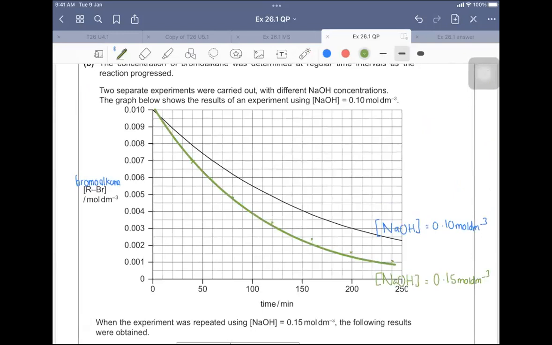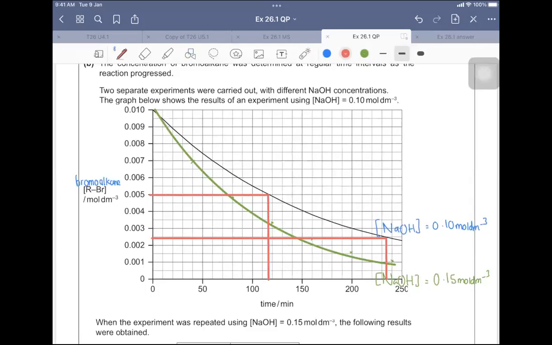We're looking at minutes here. I will choose a different color. At 0.005, you will try to read that graph as best as you could. That's your first half-life, and your second half-life would be somewhere there.